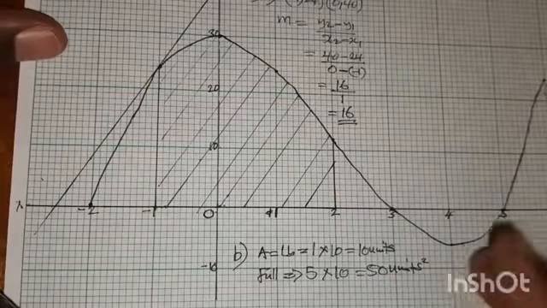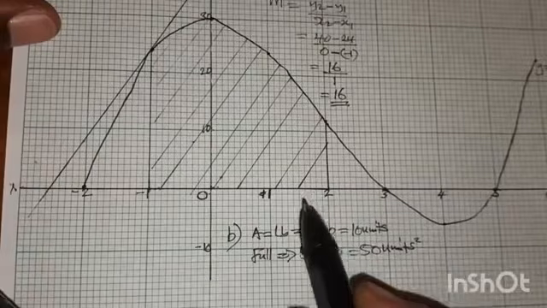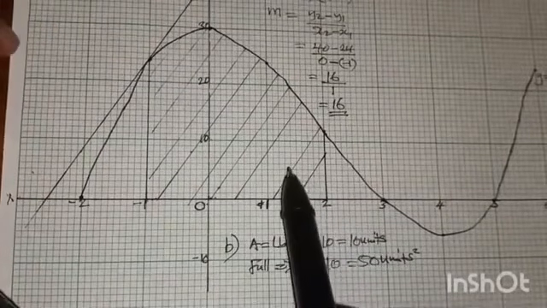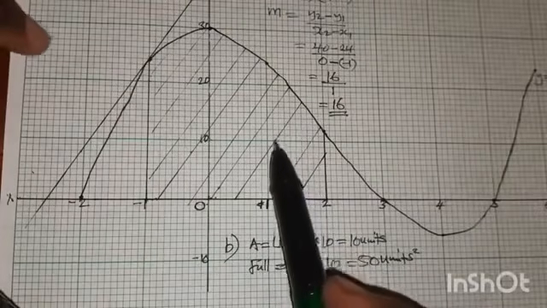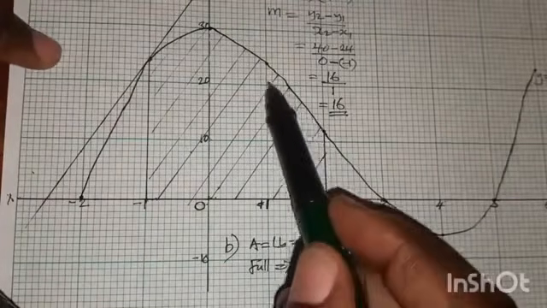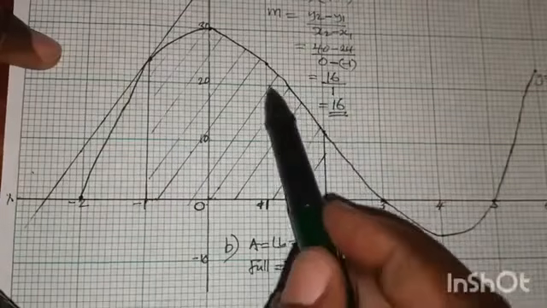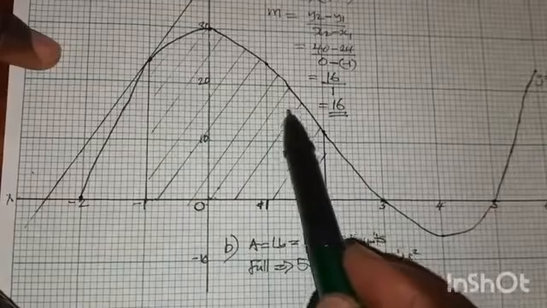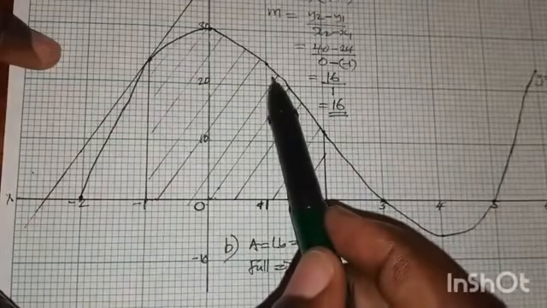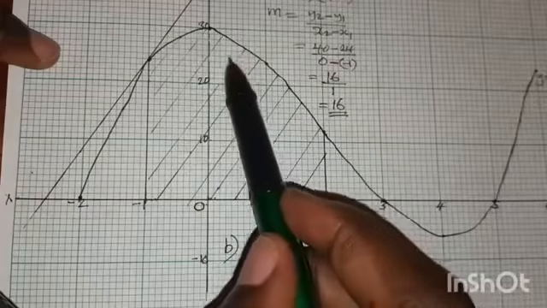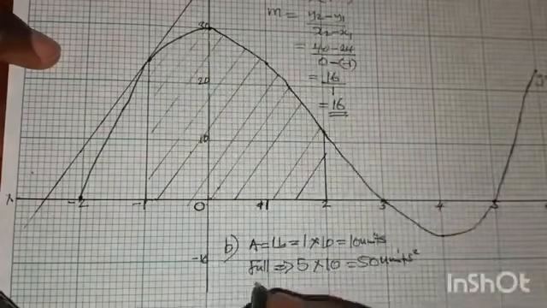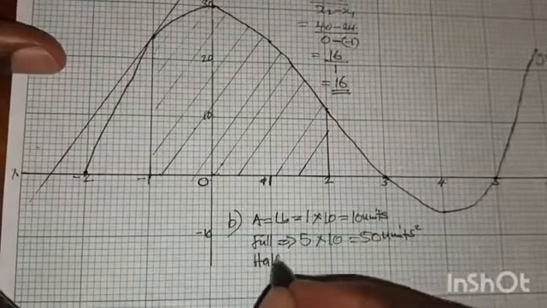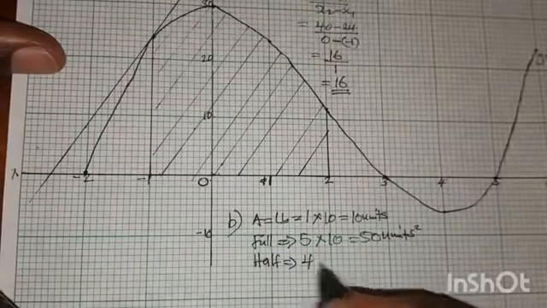Okay, hope that's clear. Then we are going to count the number of those squares that are half. You can see that this square here has been cut. So we have 1 half here, then 2 here, then 3 and 4. So those that are half are 4.